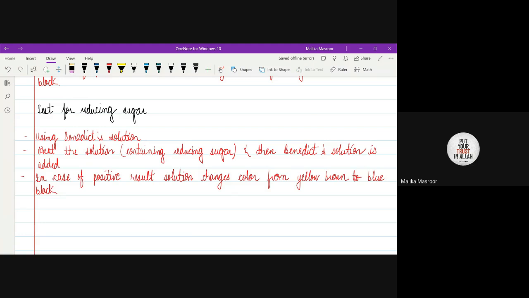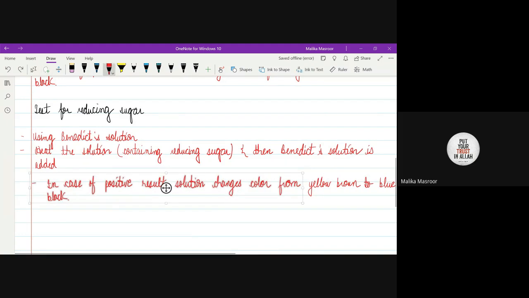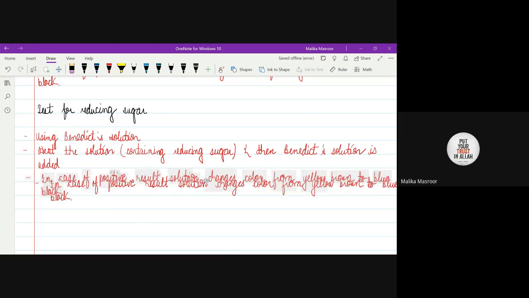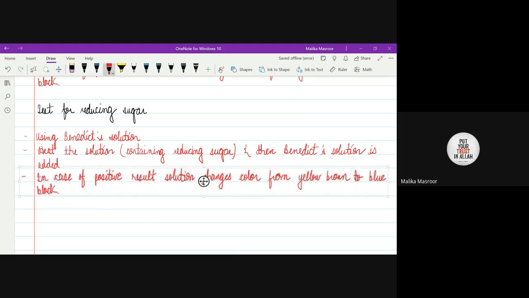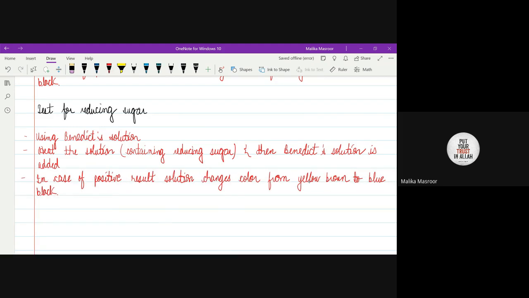It changes color from blue to, okay, so I'll write the series of colors. They all show the concentration of reducing sugar present. So the chain goes as blue.